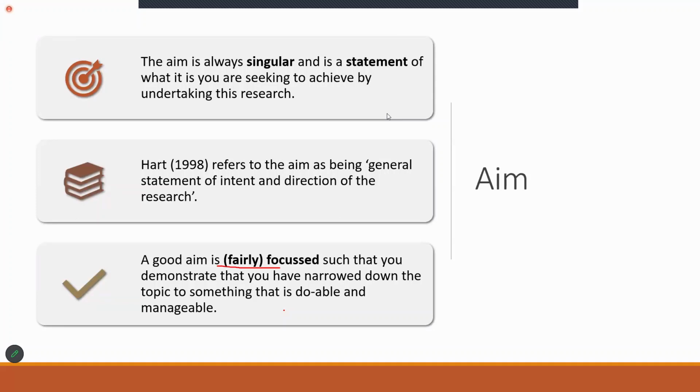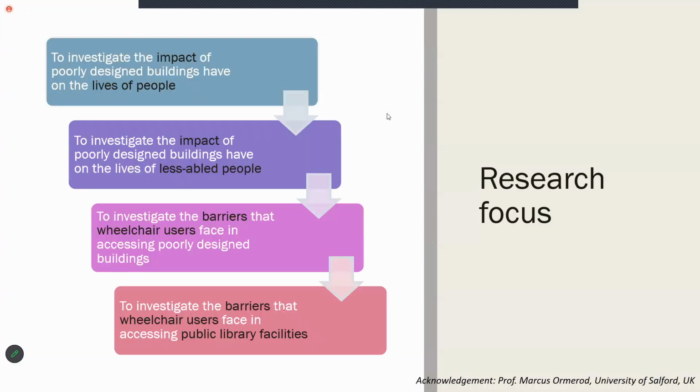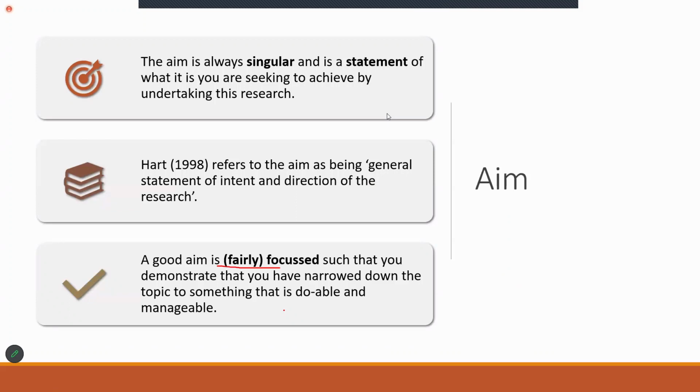But when it comes to the objectives, they will be very focused. The objectives should be well focused and achievable, but the aim will be fairly focused. So when you write your aim, make sure to keep it one level above the objectives.